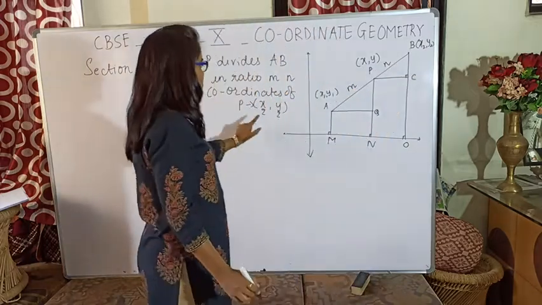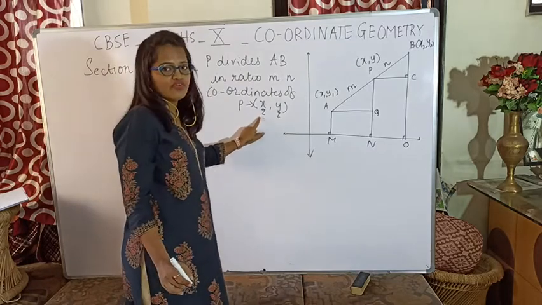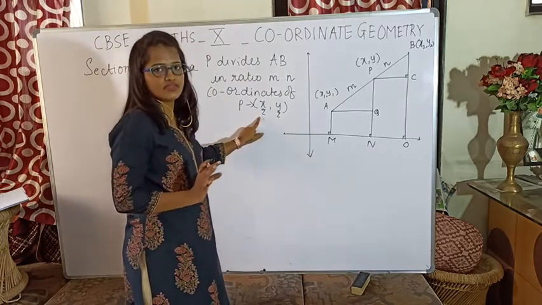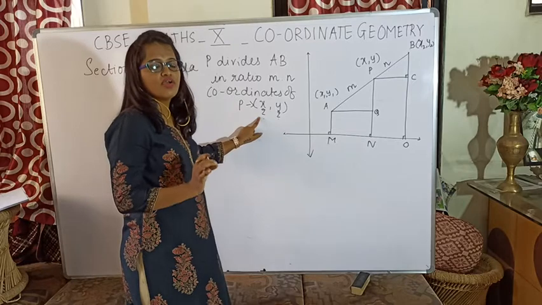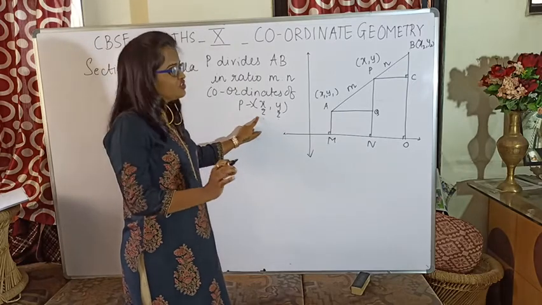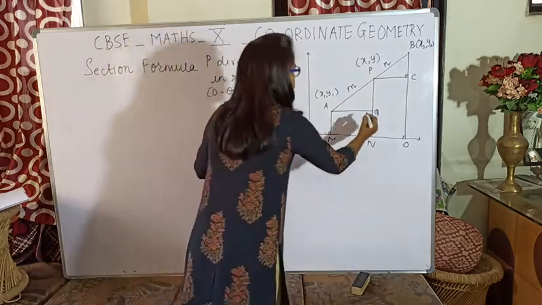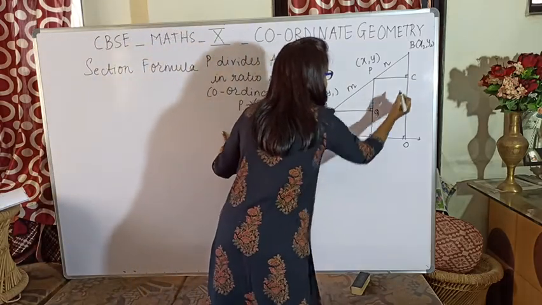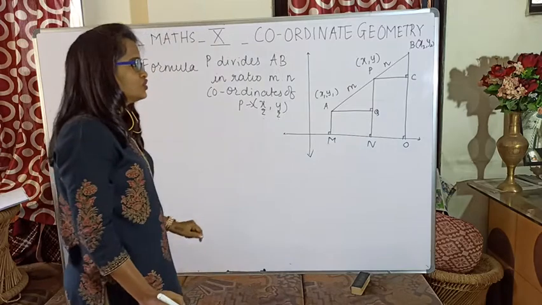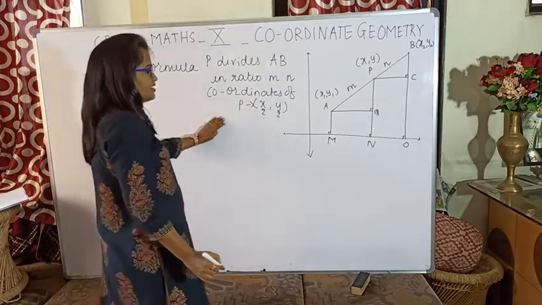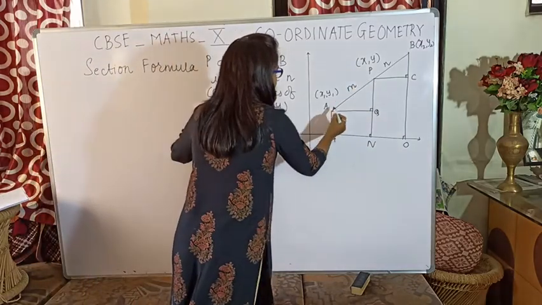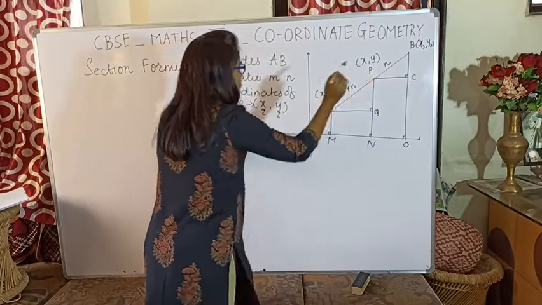Just keep in mind we have to find the values of x and y, because the question is: what will be the coordinates of the point which is dividing the line in a given ratio? Now this is also perpendicular.